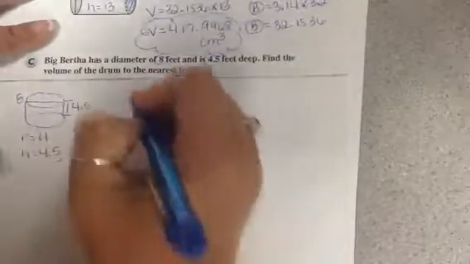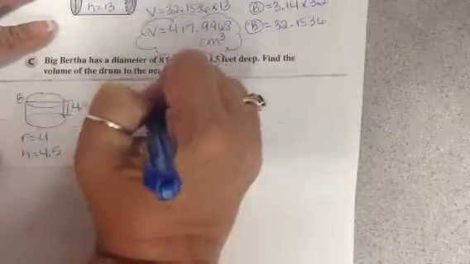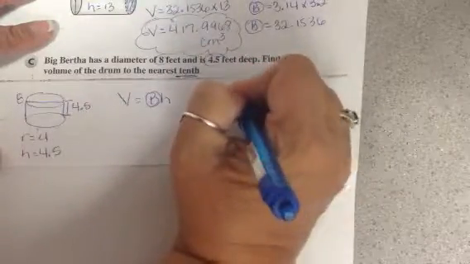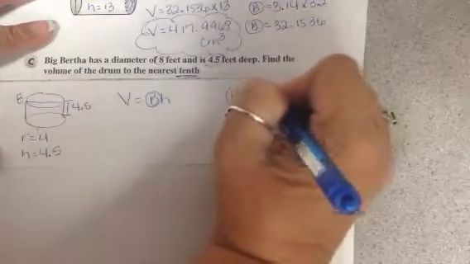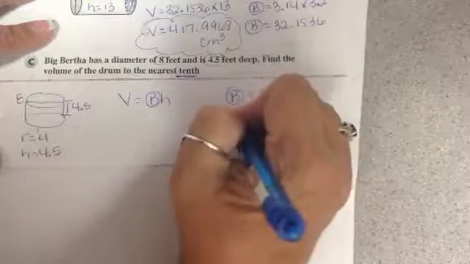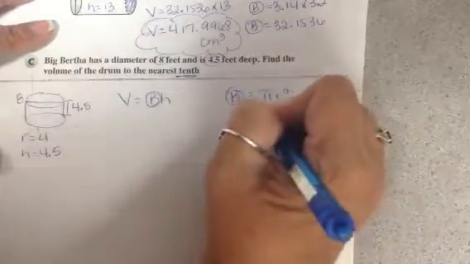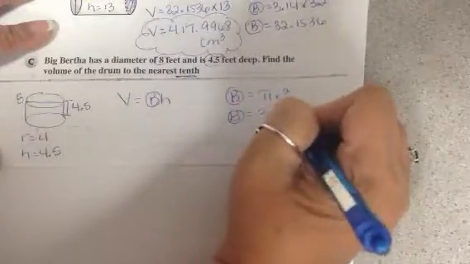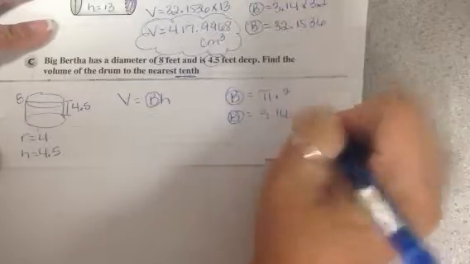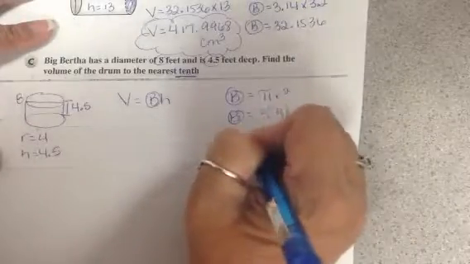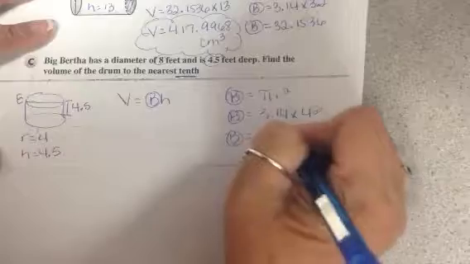Now I'm going to go over here and I'm going to put my formula in, and I'm going to plug in some numbers. B equals pi r squared. So B is going to equal 3.14 times 4 squared. Big B equals 50.24.